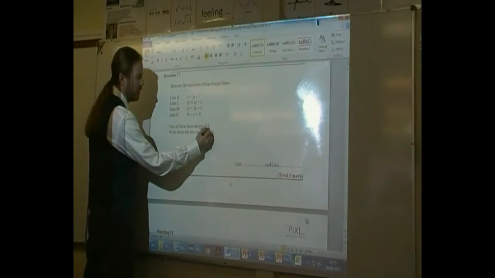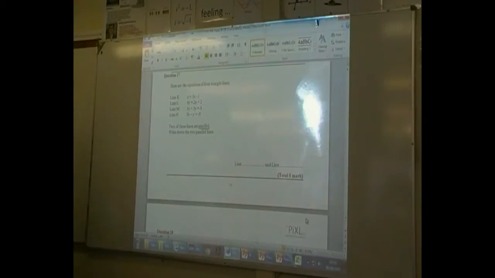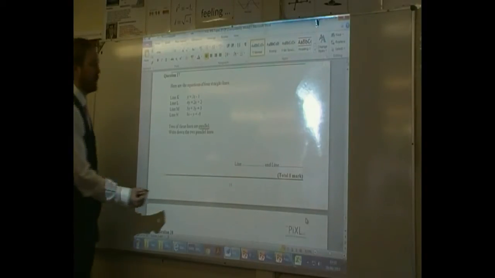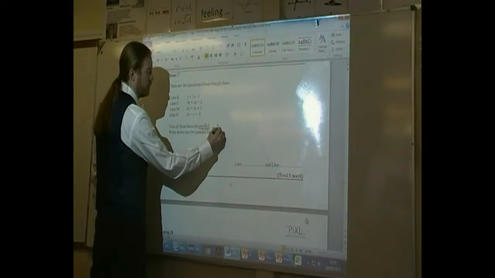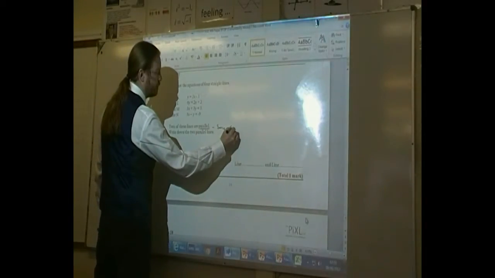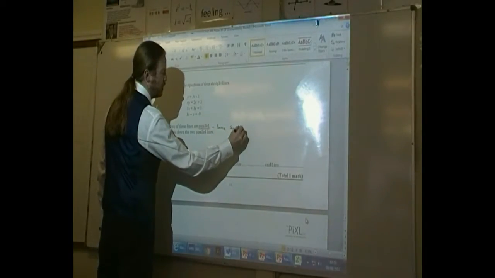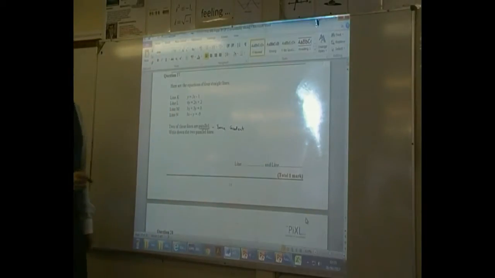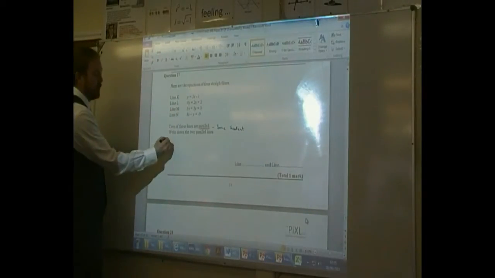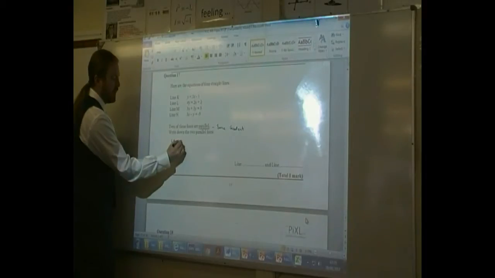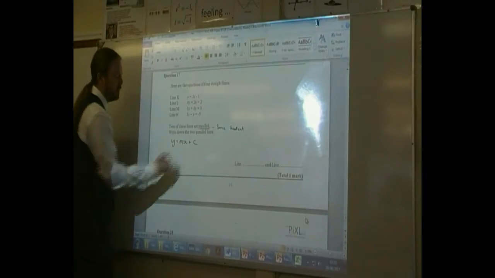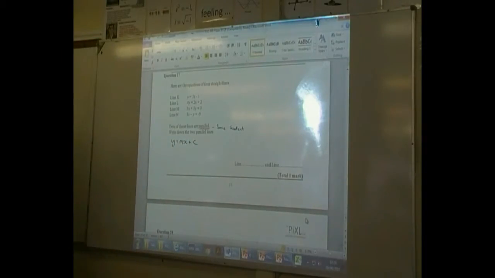So, we have to know what parallel means. And it's one of those key things for lines which you need to be aware of. Parallel lines have the same gradient. And you know that you've got the formula y equals mx plus c, which is the equation of any straight line.